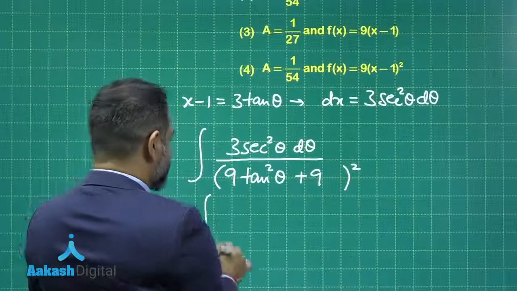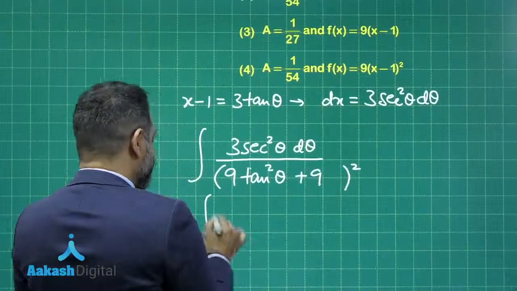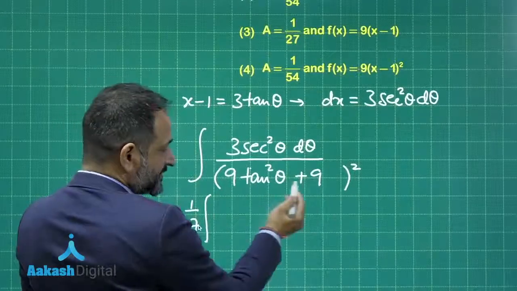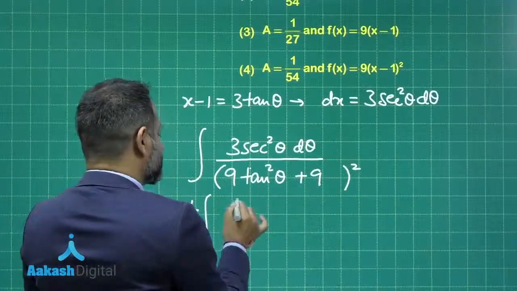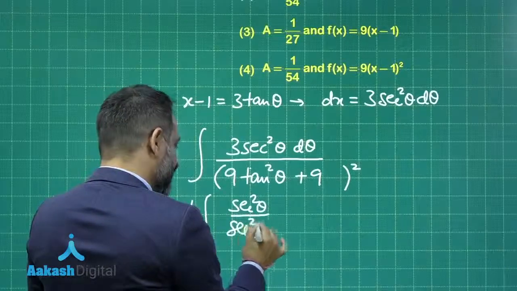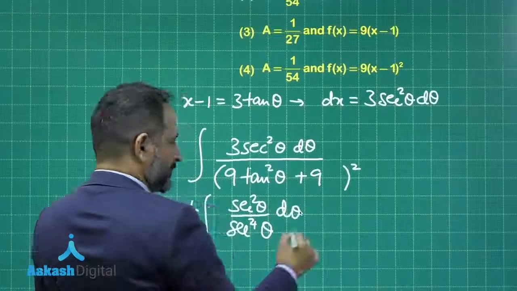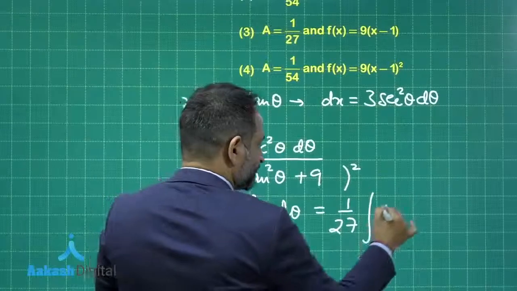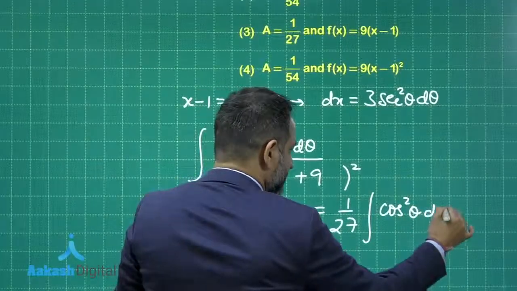Now, you can see this is 3 upon 9 square, that is 1 by 27, and this is again 1 plus tan square theta, which is secant square theta. So, this is what we are having here. So, this will be 1 upon 27 cos square theta d theta.